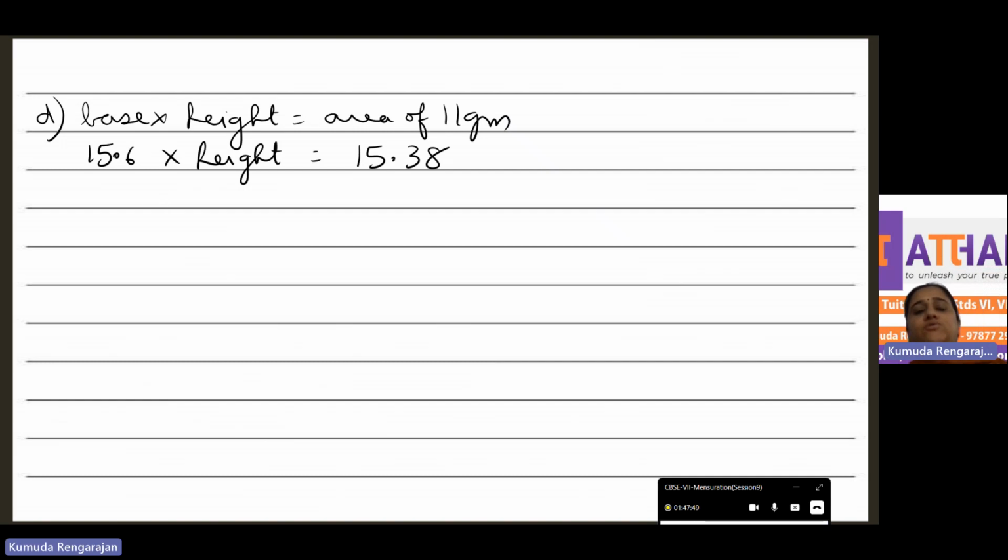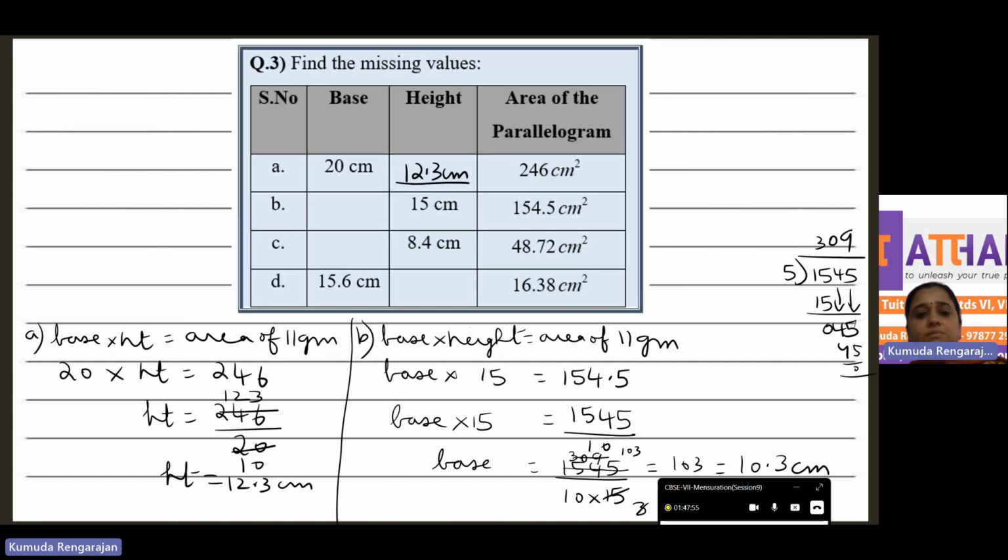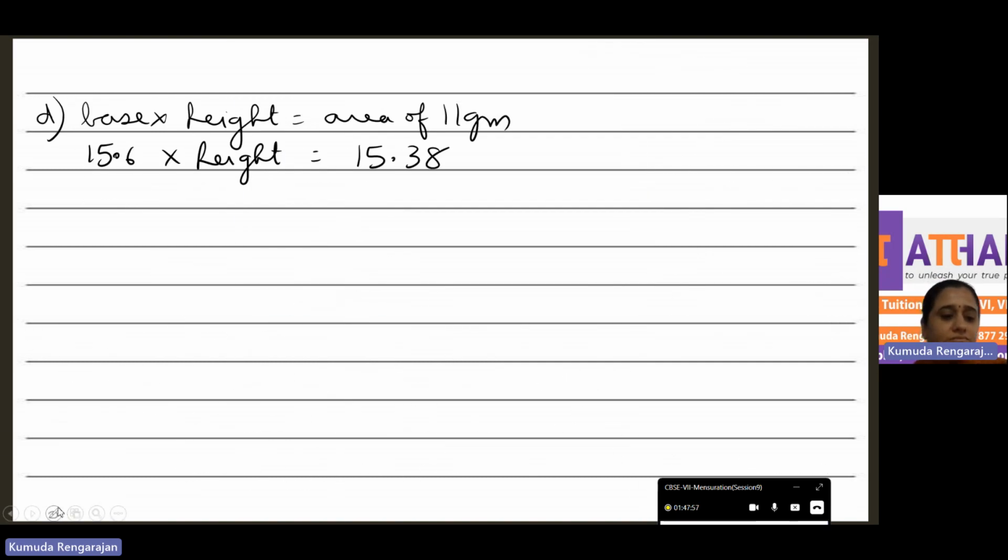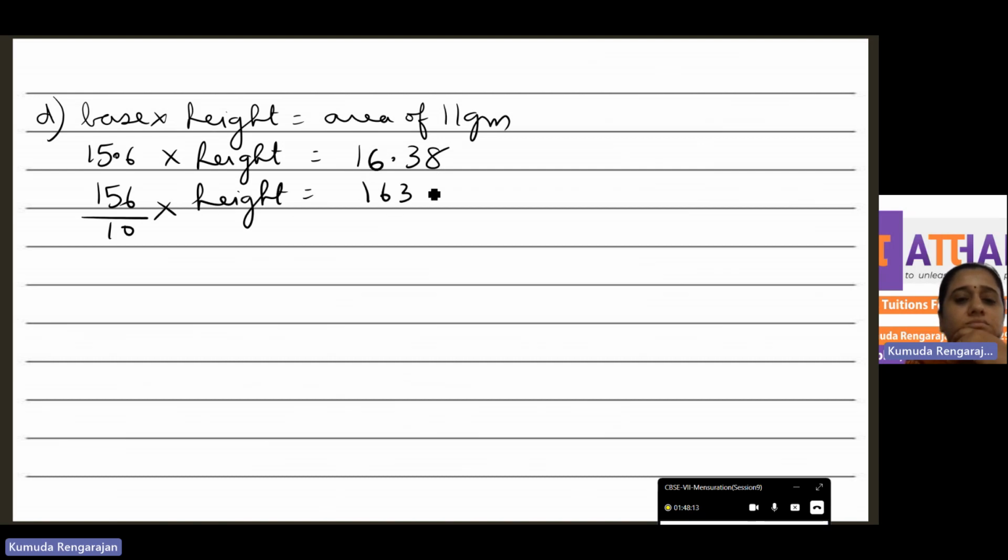Now convert 15.6 to a fraction. 16.38. Yeah, next. Height is equal to?